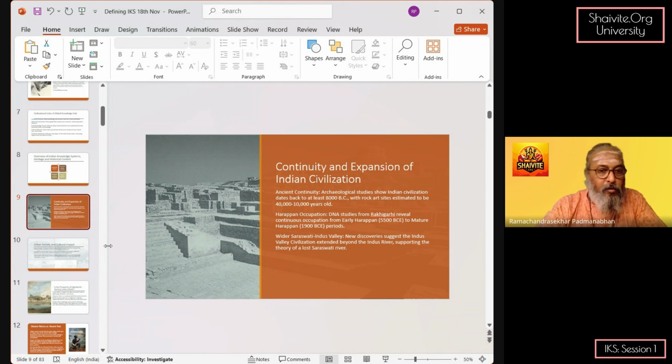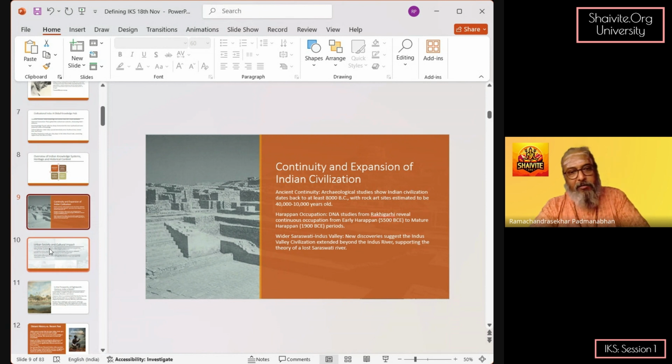They had their own shipping dock in Lothal. So it was a pretty advanced civilization, even between 5500 to 4000 BCE.